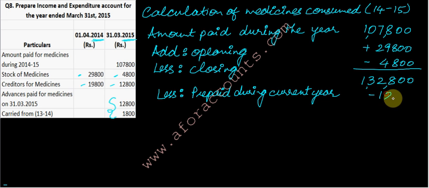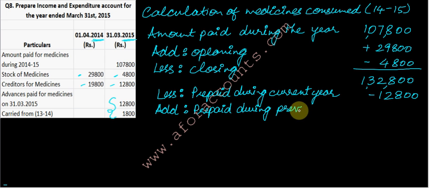So I need to subtract 12,800 and add prepaid during your previous year. Adding 1,800 here, that comes up to 121,800.